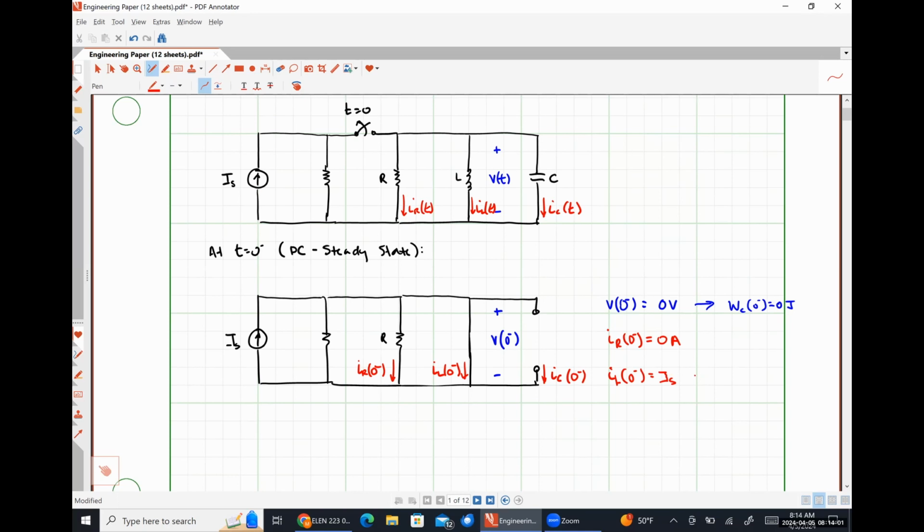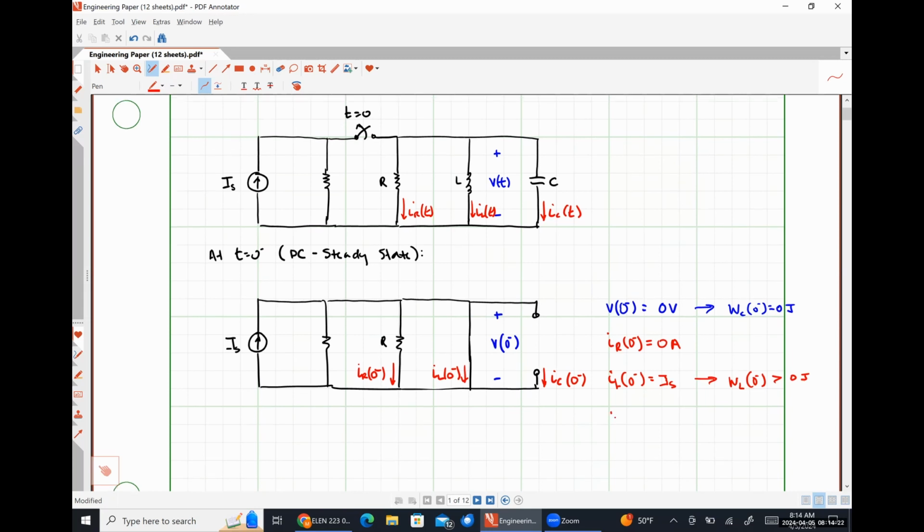And because our inductor current is non-zero, we know that the energy stored at 0 minus for our inductor is greater than 0 joules. So we have some amount of stored energy in our inductor. And then lastly, the current flowing through our capacitor has to be 0 amps because no current can flow through an open circuit.